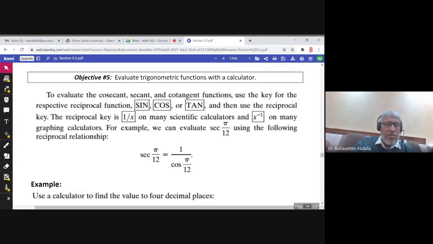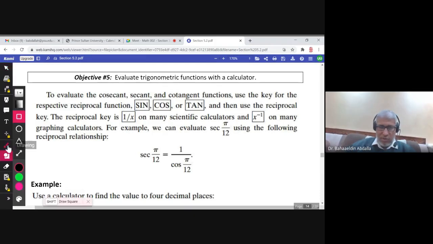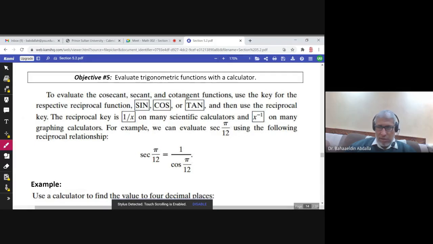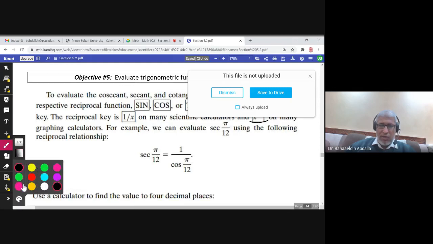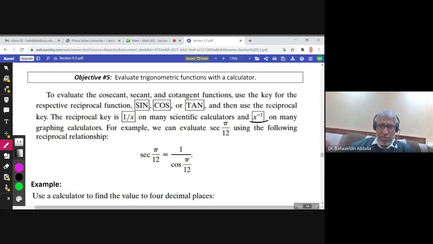And also you have x to the power minus 1. X to the power minus 1 is an important button because it enables you to calculate reciprocals. X to the power minus 1 is 1 over x. 1 over x is the reciprocal. It is the reciprocal key.